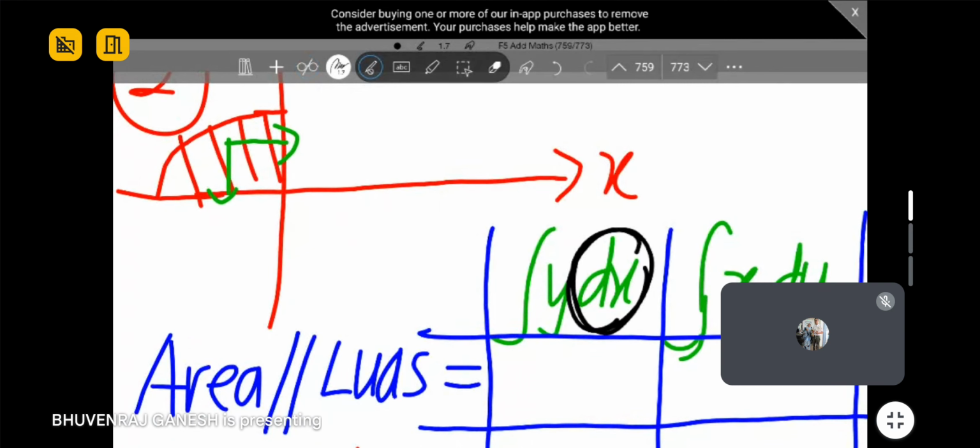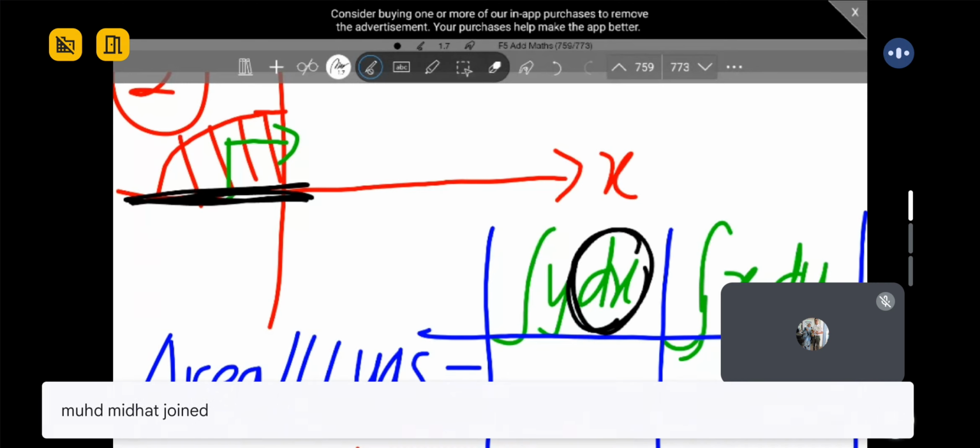Dx, x limit. Kita akan gantikan had x kan dalam pengamiran kita. So guys, limit kat sini adakah dia positif atau negatif? Kat paksi x yang saya label. Cuba jawab. Is it a positive value or negative value for the x-axis based on my graph there? What do you all think?